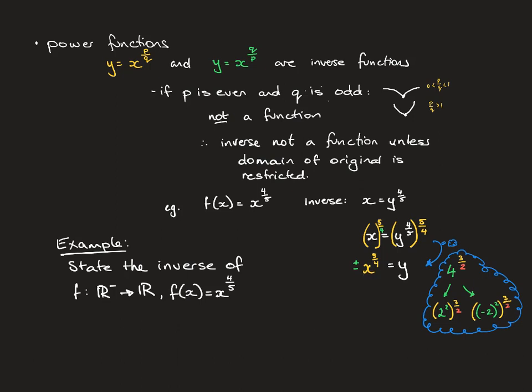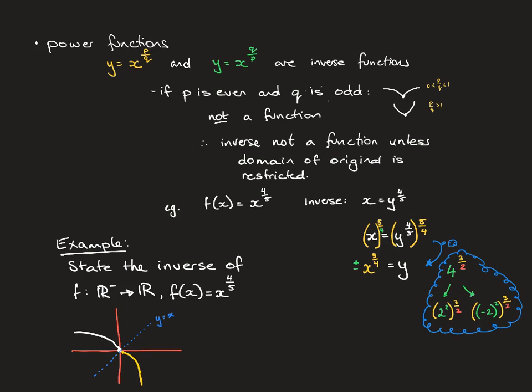So that becomes an issue if we're asked to state the inverse of something where we've got a restricted domain for this particular function. So let me just sketch that section of the function. It's the negative arm of that function. And so its inverse, when we reflect it across the line y is equal to x, is still going to have that same kind of root shape coming this way, like this.